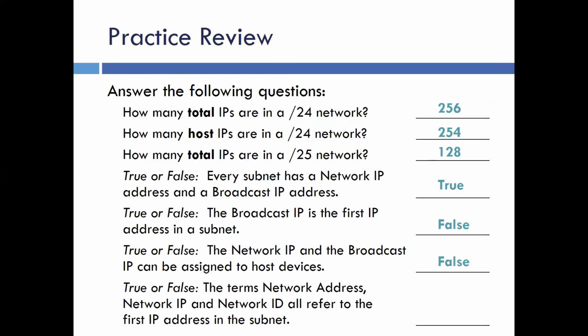That is also false. These IPs cannot be assigned to hosts. True or false? The terms network address, network IP, and network ID all refer to the first IP addresses in the subnet. That is true. Those terms may be used interchangeably.